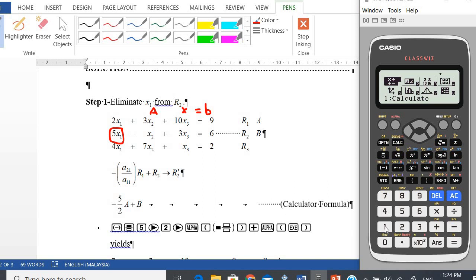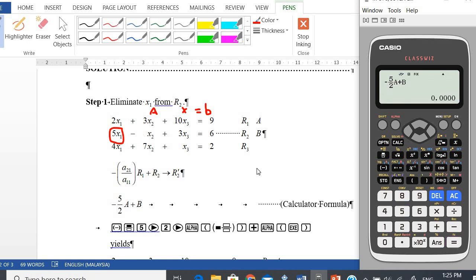This is using the calculate menu. Negative 5 over 2 in alpha A plus alpha B. Then you calculate. Where A is actually row 1, for this case you input 2, B which is 5.